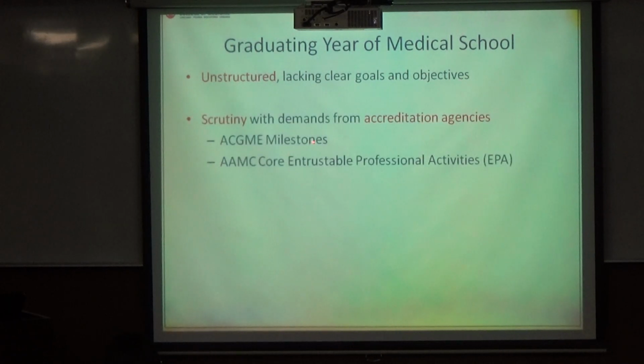But recently, with all of this pressure coming from the residency side, the accrediting body from the residency side, there's been a lot more scrutiny of what happens in the fourth year of the curriculum. For example, the ACGME, which is the accrediting body, has given a lot of mandates. And then the AAMC, which is in charge of the medical schools, is also saying you have to do this and that before they graduate.